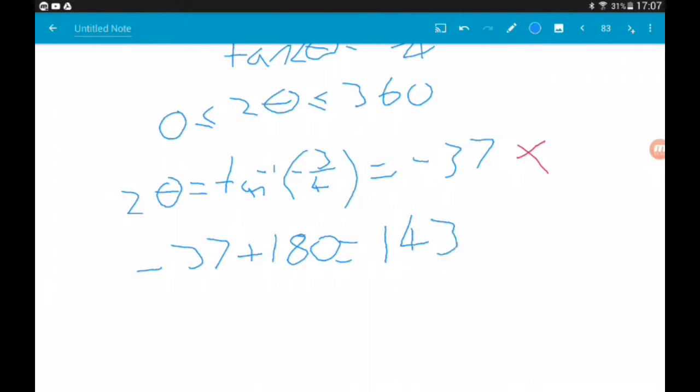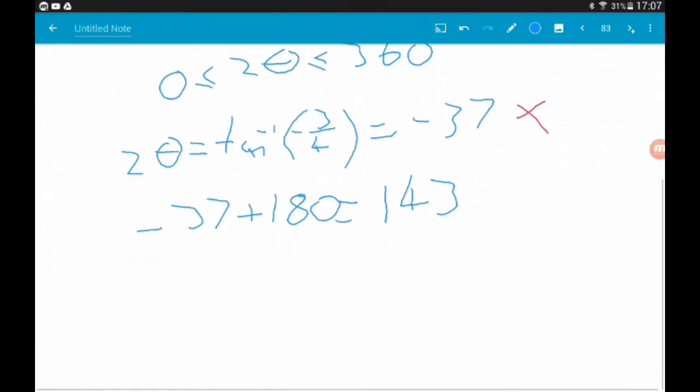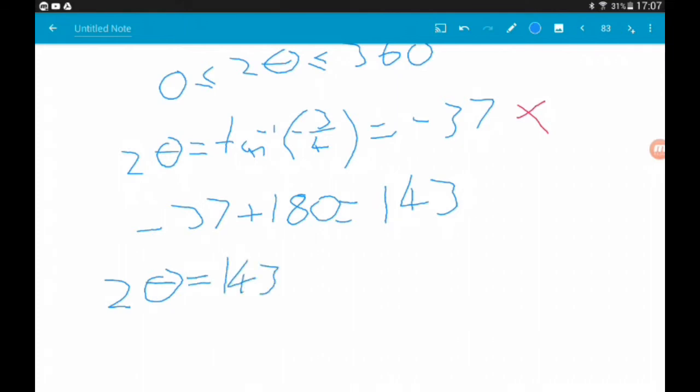So that is the first value that 2 theta is allowed to be. So 2 theta can be 143, again because that is in our interval 0 to 360. Now we need to test what happens if we add another 180.